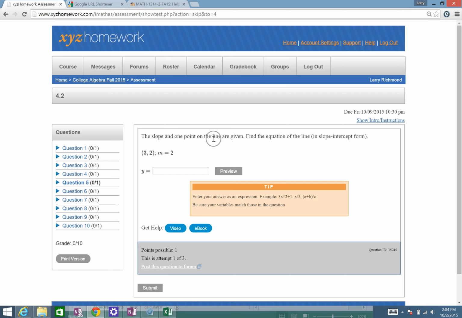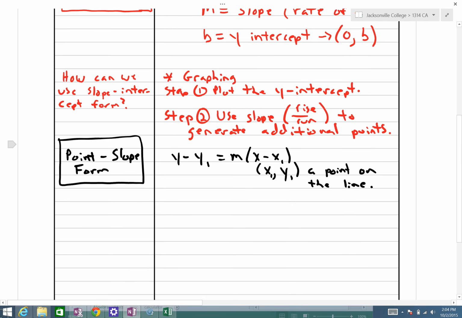It says the slope and one point of a line are given. Find the equation of the line in slope-intercept form. Well, they've given us one point and the slope, so we're in good shape to use point-slope form, and then we can write it in slope-intercept form. It gives us the point (3, 2) and a slope of 2.